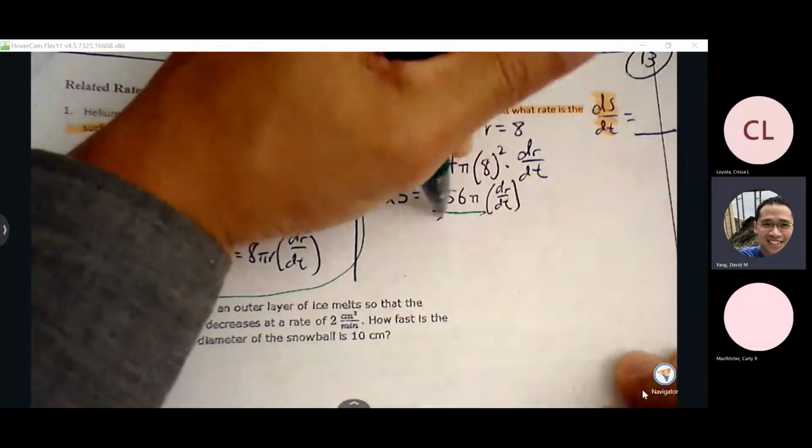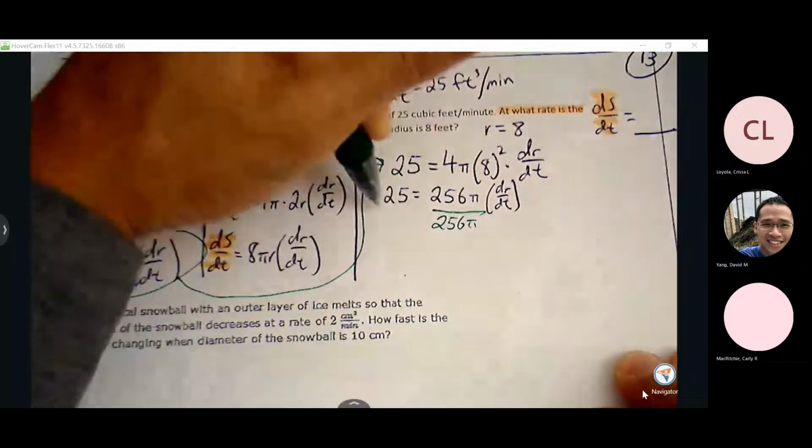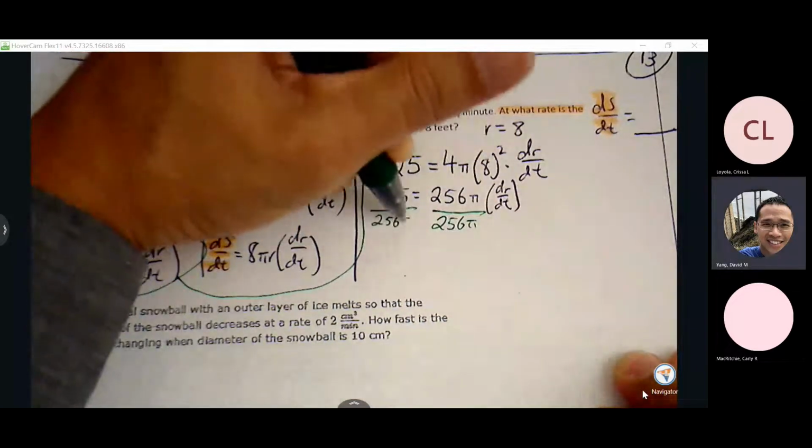Pi is going to stay in the denominator. dR/dt, 25/256 pi.